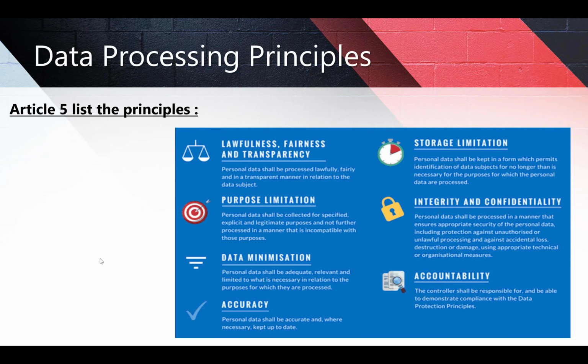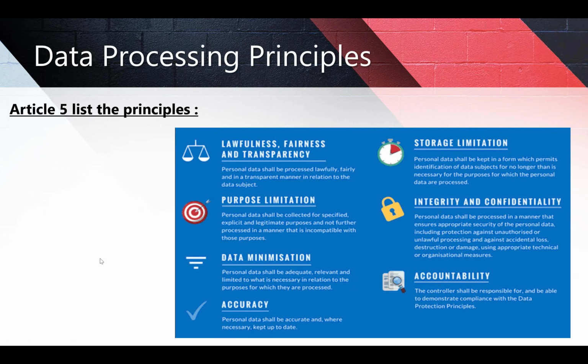Accuracy is when we say that the personal data we collect should be accurate, and it should also have a storage limitation. If I collect personal data for some company business requirements, then I should know how long I require this personal data.